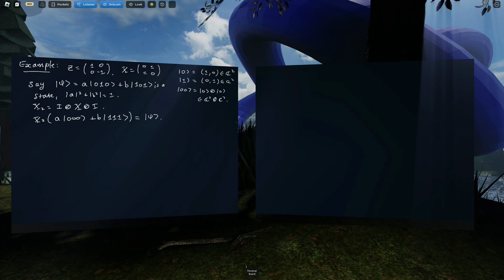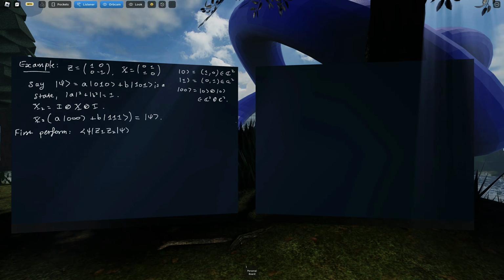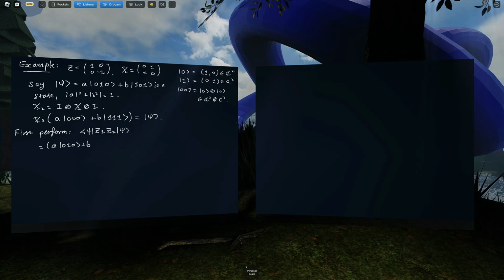So the way that we do that is we first perform the measurement, psi Z1 Z2 psi. And this is an explicit calculation. So this is A|0,1,0>. Wait, I've written that out wrong. Oh, come back.